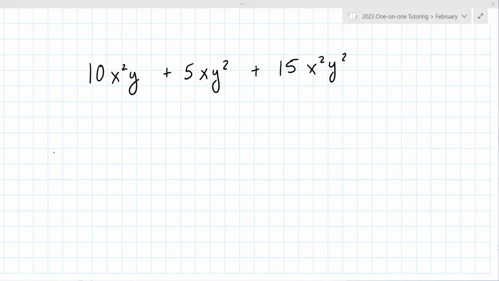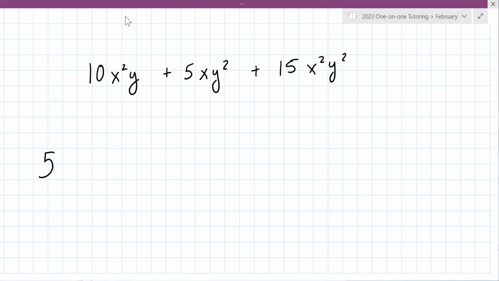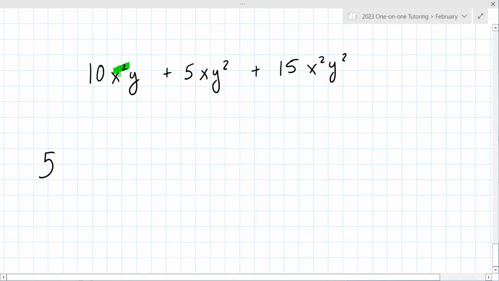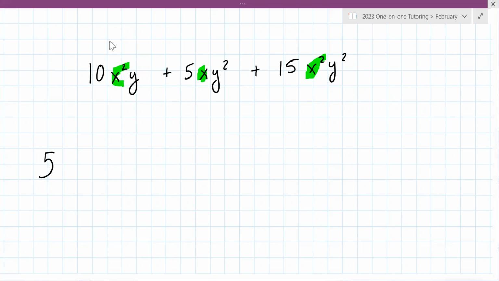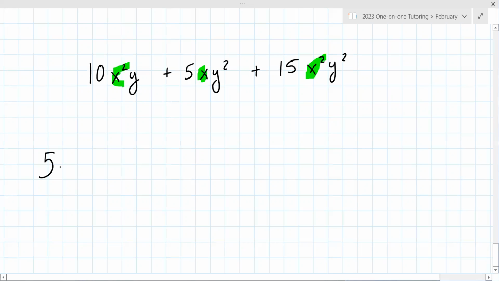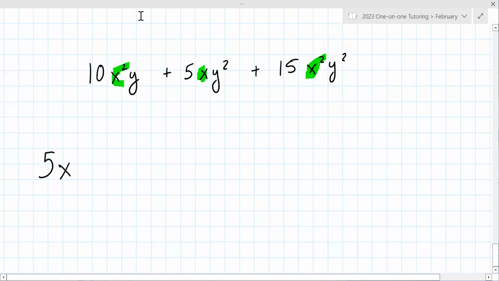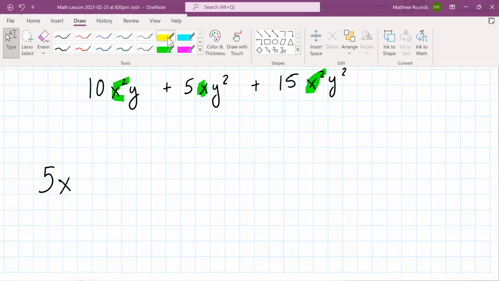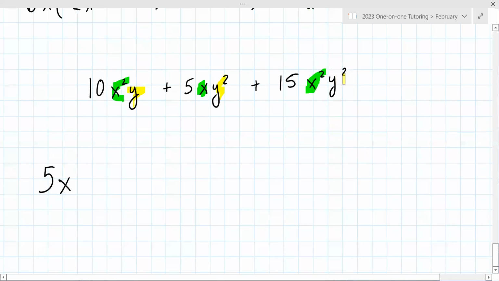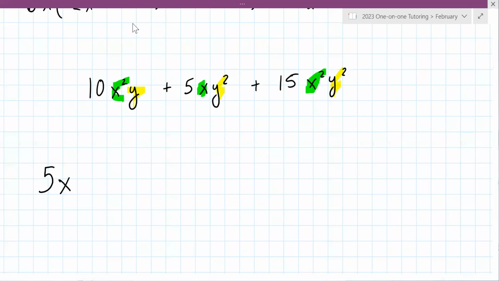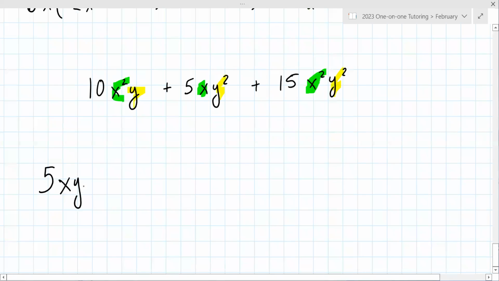Okay. Now, if you just look at the x's, x squared, x to the 1, and x squared, what is the smallest degree exponent? X to the 1. And do the same thing for the y's. You've got a y, a y squared, and a y squared. What's the smallest exponent? Y to the 1. So your GCF can be more than just a single letter.